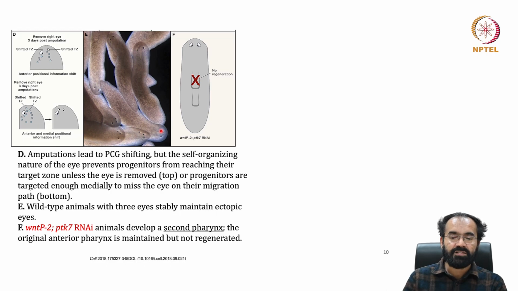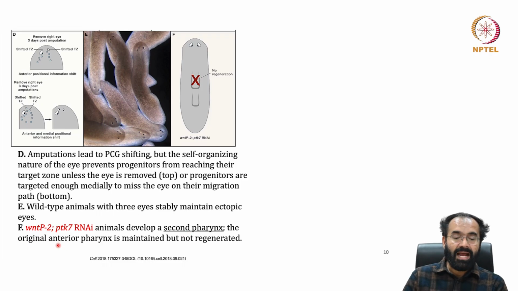This is the real-time picture of animals that have got 3 eyes, all of them have got extra eyes, but you can create extra eyes if you wish, and enough medially to miss the eye that their migration, as you can see in this bottom, in this D panel. And E is what the wild type animals, as I already mentioned, having extra eyes, and F, this panel, that Wnt P2 and PTX7 RNAi animals develop a second pharynx.